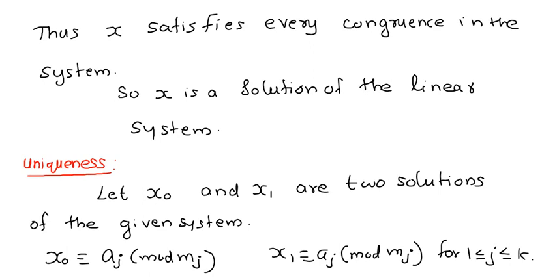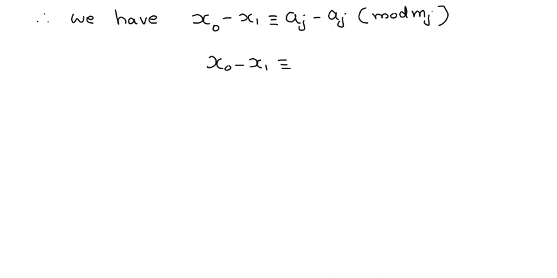So x0 minus x1 is congruent to 0 mod mj for every j, for all j.